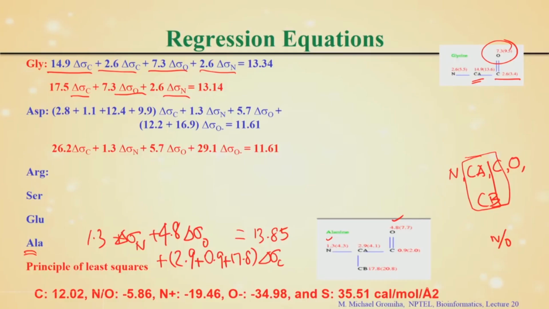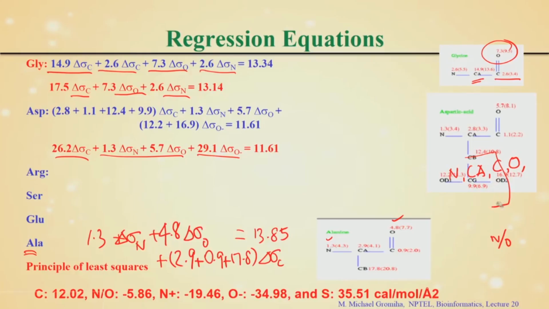If you go with aspartic acid, how many groups do you have? 5. You can see the C, N and O we can combine together, and there is O minus. What is O minus? The negatively charged oxygen. For aspartic acid, you can see OD1 and OD2, which are 12.2 and 16.9.